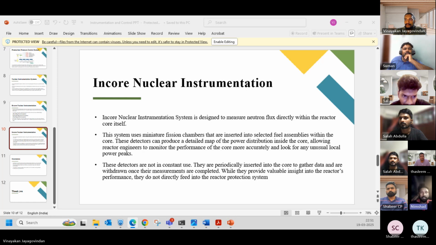These detectors are not in constant use. They are periodically inserted into the core to gather data and are withdrawn once their measurements are completed. While they provide valuable insight into the reactor's performance, they do not directly feed into the reactor protection system. One of the systems is the aeroball system.